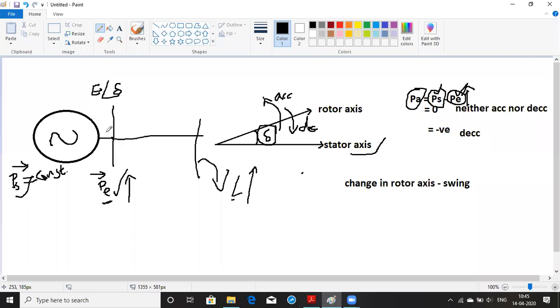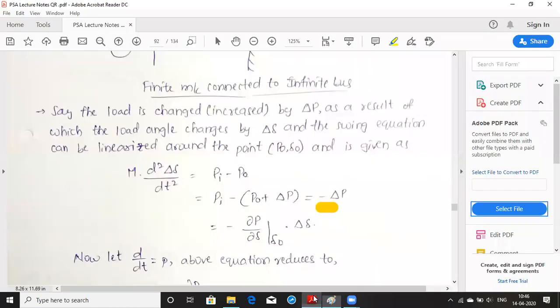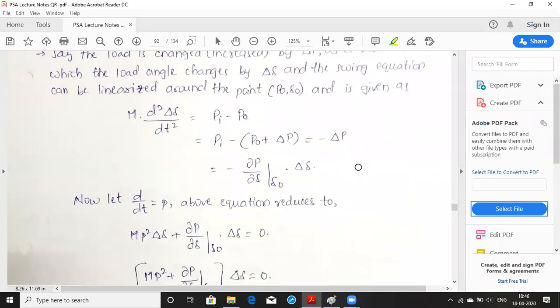Any disturbance will change the rotor axis, therefore it will change the value of delta, and we are going to call that a swing, and we are going to derive the equation for this, which is called the swing equation. So we'll derive the swing equation later when we are discussing transient stability.